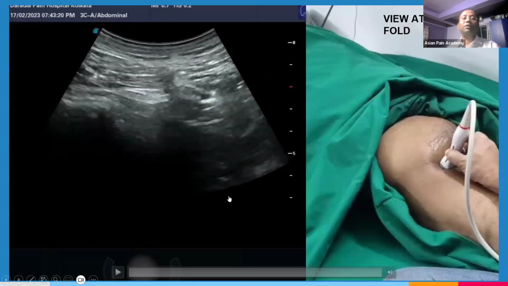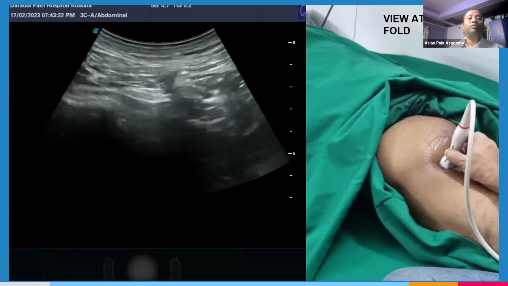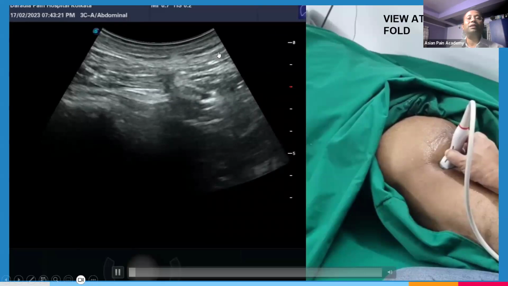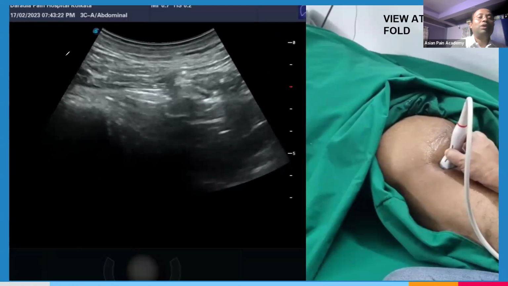Other things are also there. We have come from above to down, but you can start from below to up also. Just at the gluteal fold, if you put the probe, suddenly you will see a Mercedes-Benz sign, one is like this, one is like this, one is like this. If you see very nicely, you will see that this can be seen just at the gluteal fold. So what is this? This one is the sciatic nerve. What is this?